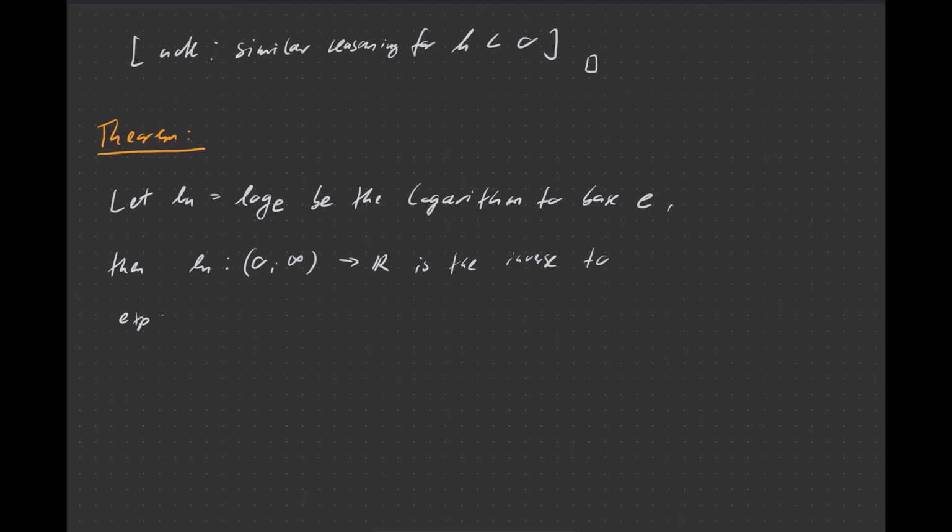And of course, if we write it in this way, the domain of the exponential function is always R, but the codomain will then have to be restricted to the open interval 0 to infinity, because otherwise the function wouldn't be bijective. But if we restrict it in this way, then these two are inverse to each other. So we can apply the theorem about the inverse of a function and its derivative.